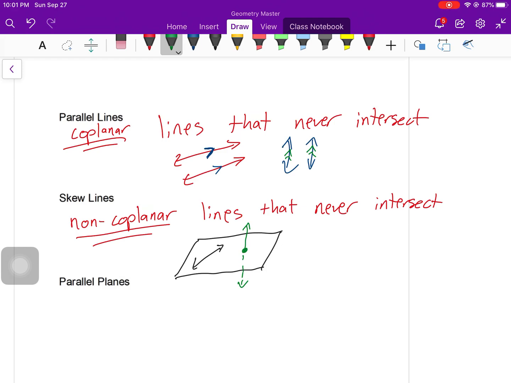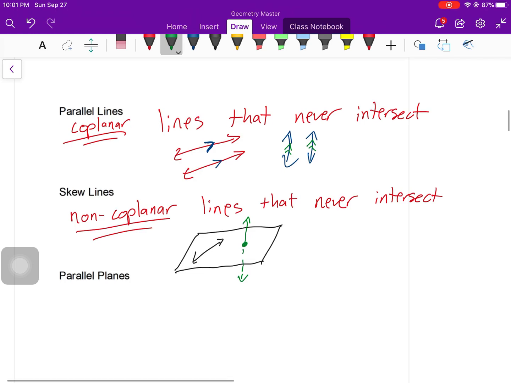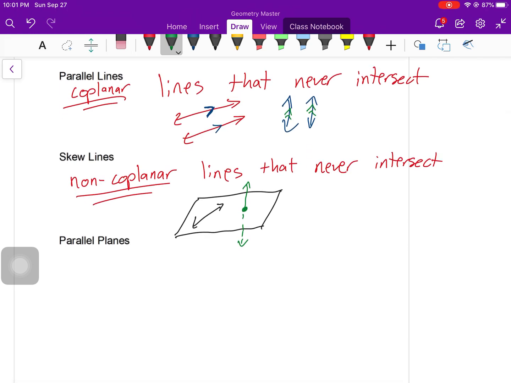If you stabbed through the paper right on that line, there would be a plane that contains both lines. Then they would not be skew lines. They would just be coplanar lines that do intersect. So parallel planes, you can't have coplanar planes. That would just be the same plane. These are planes that never intersect.